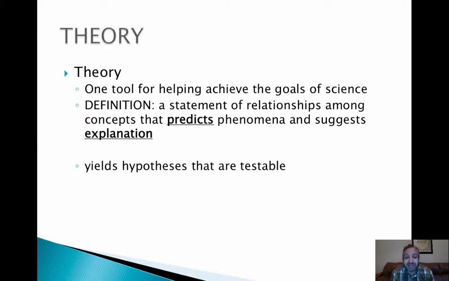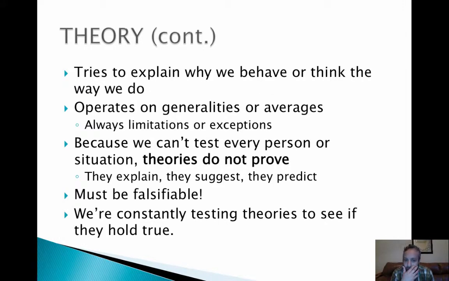So we can predict that if there's a lot of media violence and people are watching this media violence, that people are going to model this behavior. We can hypothesize that people will model the violent behavior. We make that prediction, that hypothesis, based on the theory. So the theory gives you a hypothesis or a set of hypotheses.